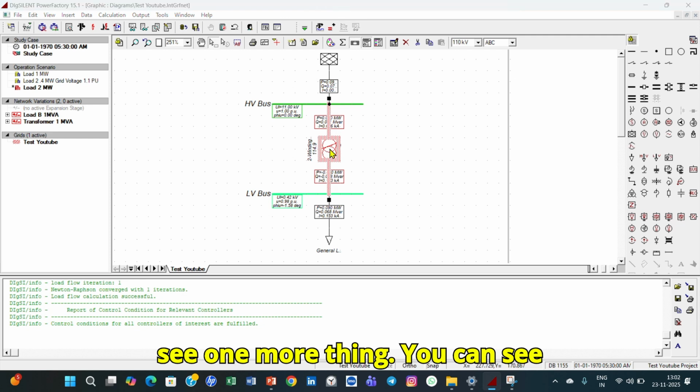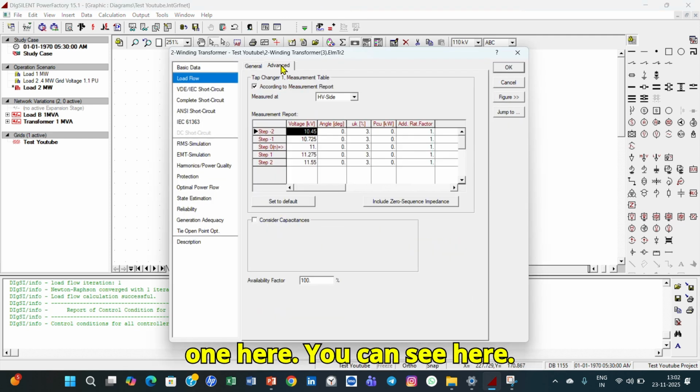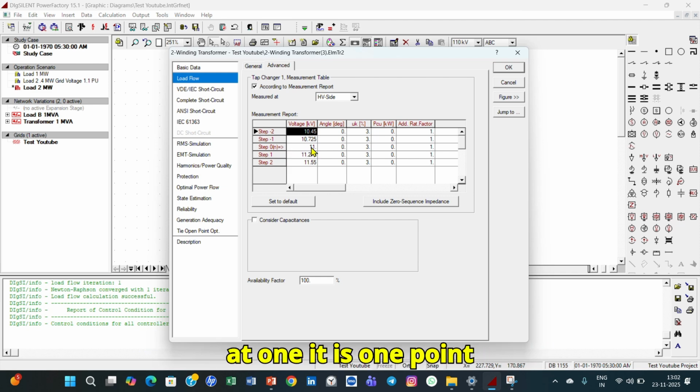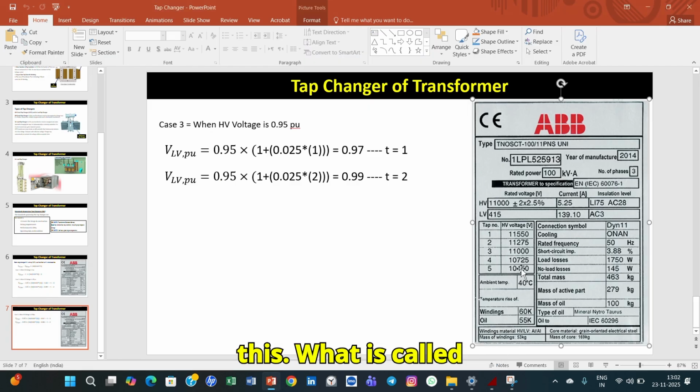You can also see one more thing. You can see here at 0% the voltage is 11 kV, at step 1 it is 11.275, and at step 2 it is 11.55, the same as shown in this transformer tap setting.